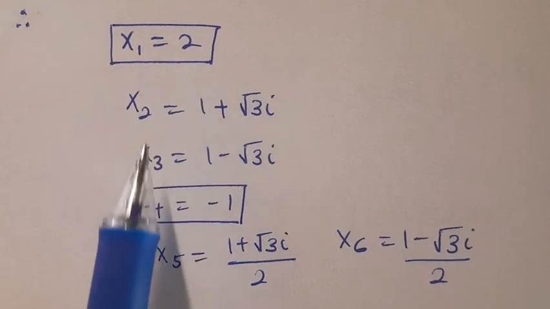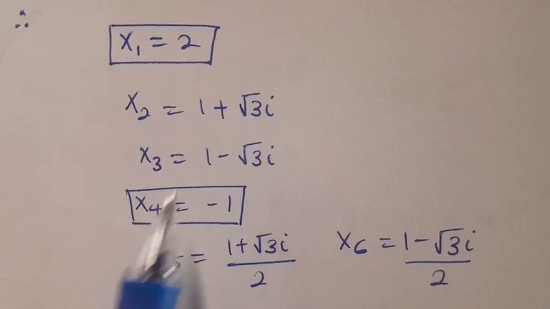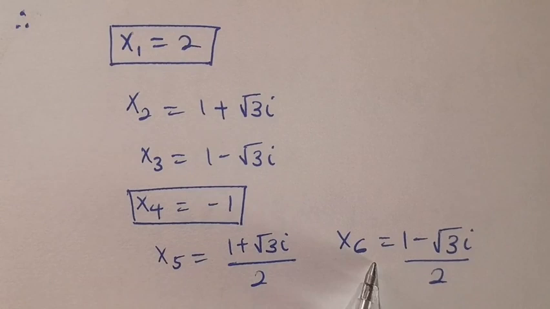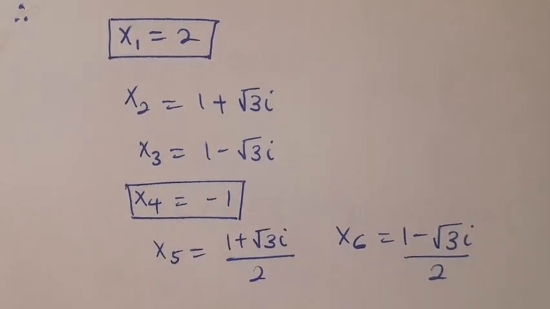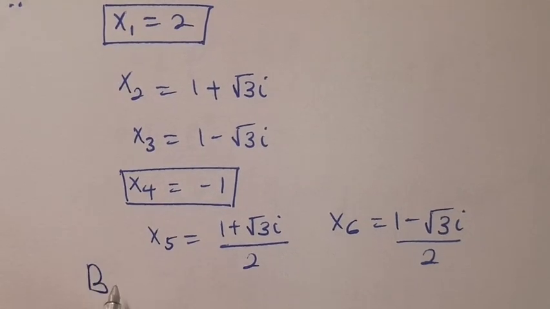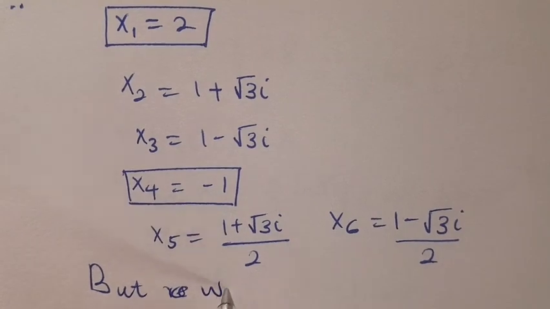So we have x1 equals 2, x2 equals 1 plus root 3i, x3 equals 1 minus root 3i, x4 equals minus 1, x5 equals this, x6 equals this. But we are looking for real solutions. We don't want complex solutions.